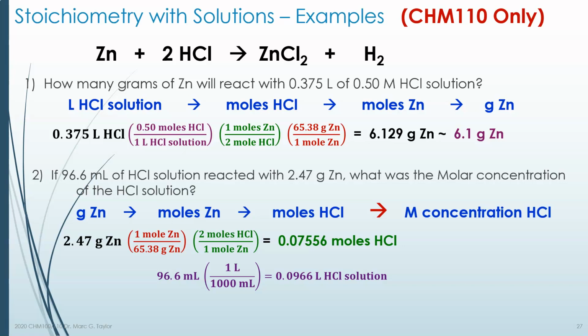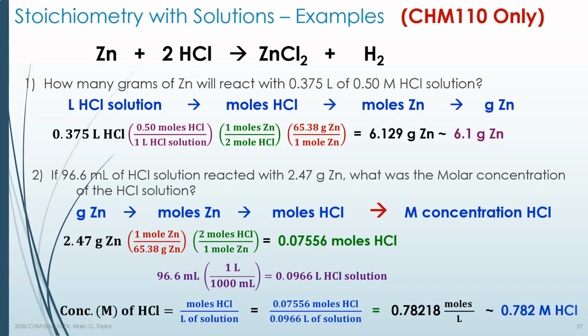Remember, you should always have fewer liters than milliliters of something because a liter is a much bigger unit, so you want a smaller number, and that's your check to make sure you divided or multiplied the right way. So we end up with a volume of 0.0966 liters. Again, I didn't need to round in this case, so we have our number of moles, we have our number of liters. The concentration is just moles divided by liters.